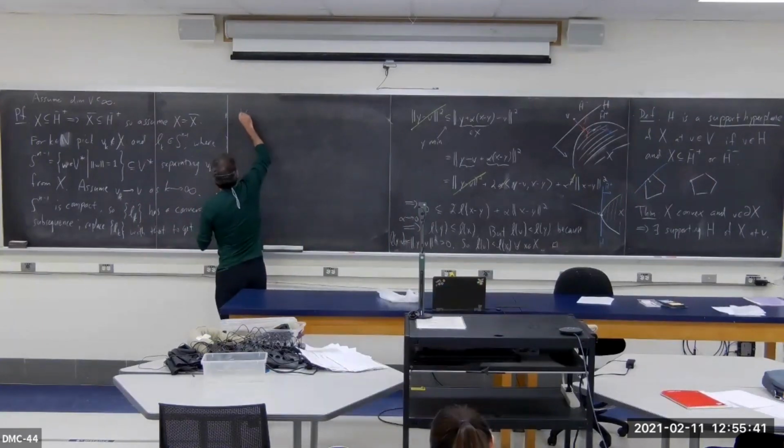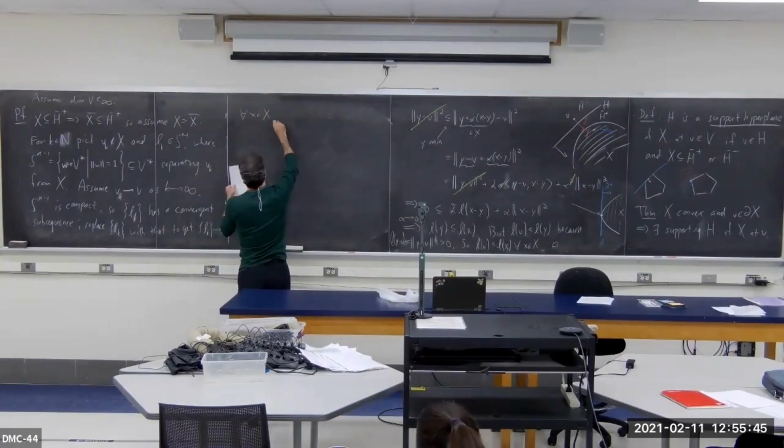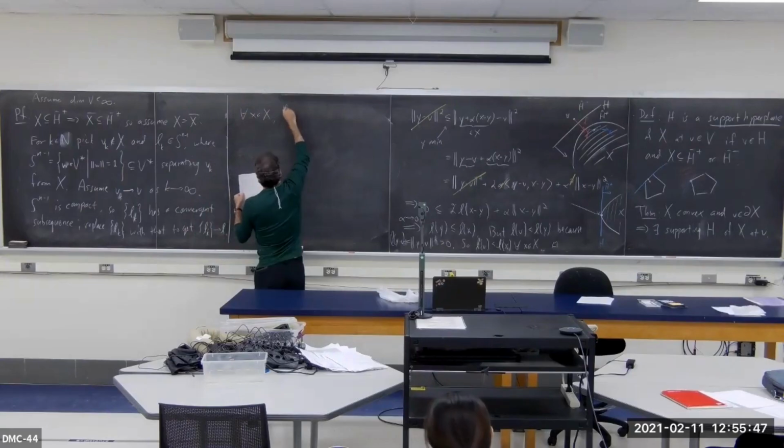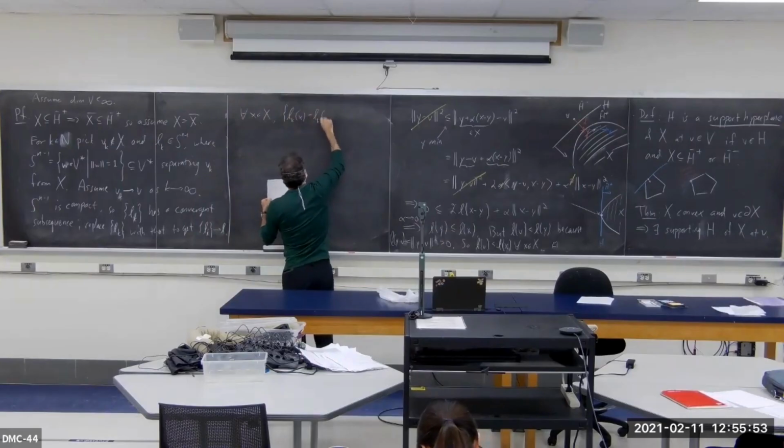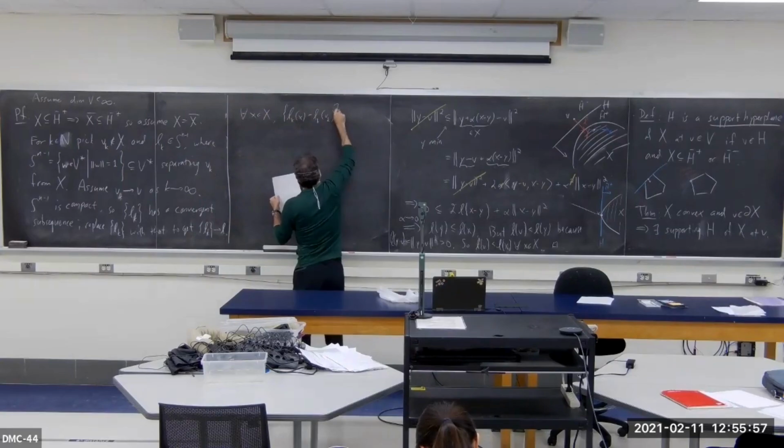Okay, so for all x in X, what we have is the sequence Lk of X minus Lk of Vk, what do we know about that for k in N?